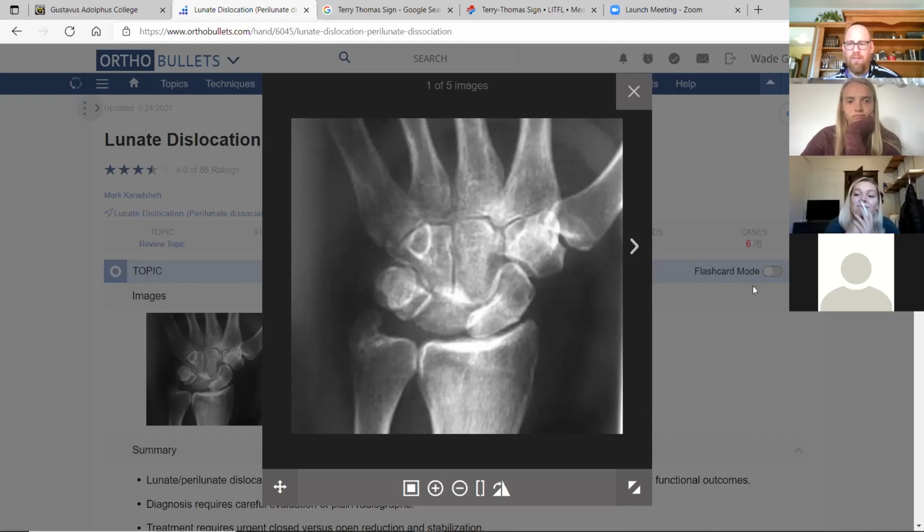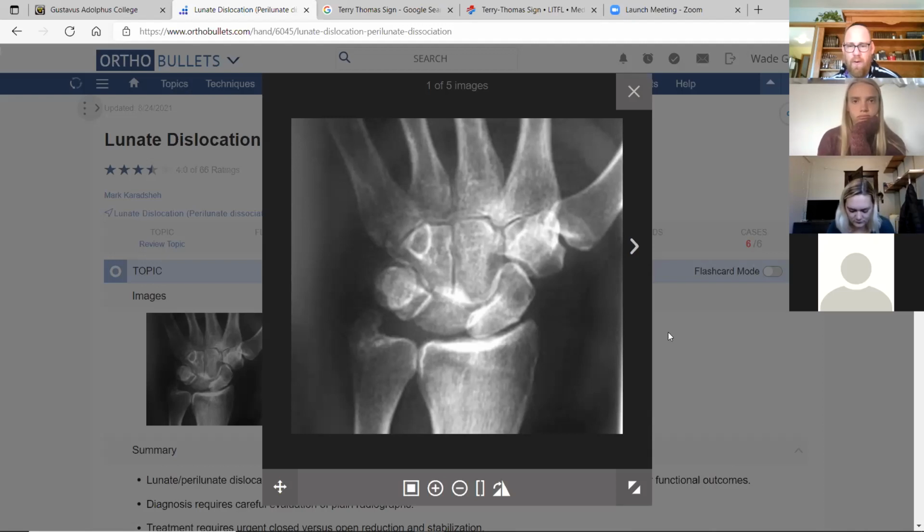Okay, so ultimately, with the scapholunate interval, when the lunate dissociates anteriorly, you can see how the scaphoid has shifted medially a little bit. You see that? The scaphoid shifted medially towards the lunate, away from the lateral aspect of the wrist.